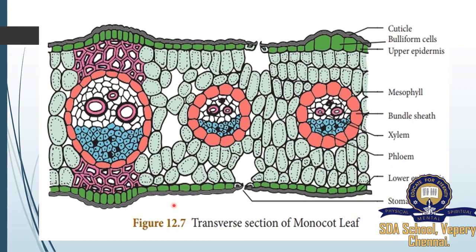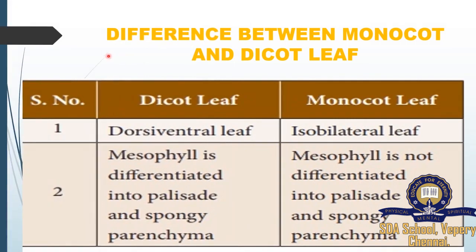We have differences in shape between a monocot leaf and a dicot leaf. A difference between monocot and dicot leaf. So what are the differences? Dicot leaf we can call a dorsiventral leaf. Monocot leaf is an isobilateral leaf.